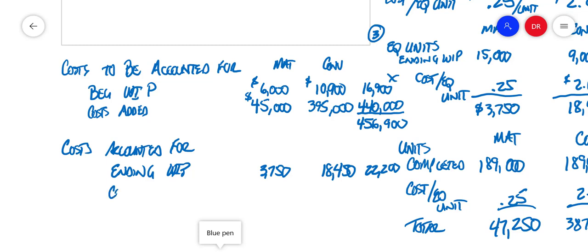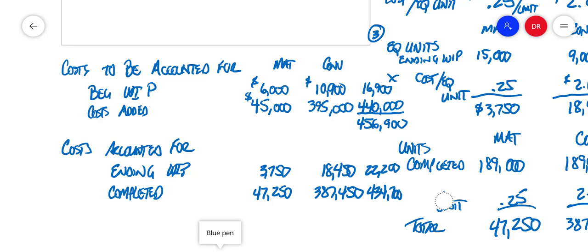So completed, the cost of units completed, which we calculated to be 47,250 and 387,450. Okay. Those two added together are 434,700.